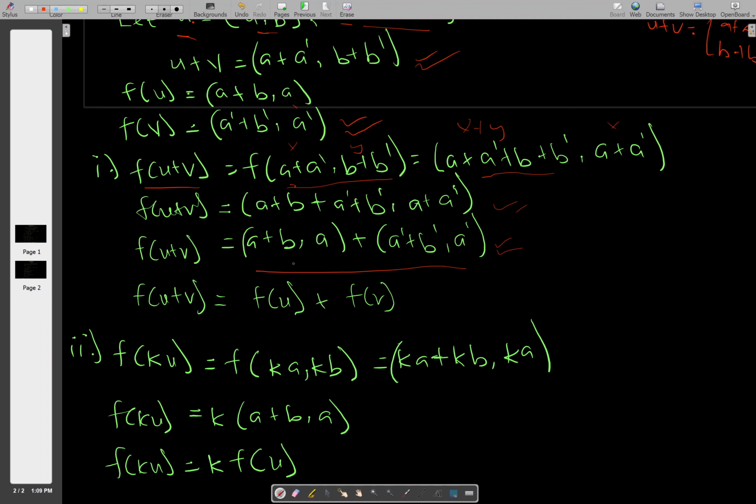But we know that (a plus b, a) is f of u, and (a' plus b', a') is f of v. So we are done with vector addition. The map f has preserved vector addition. Now let's move on to the second condition.